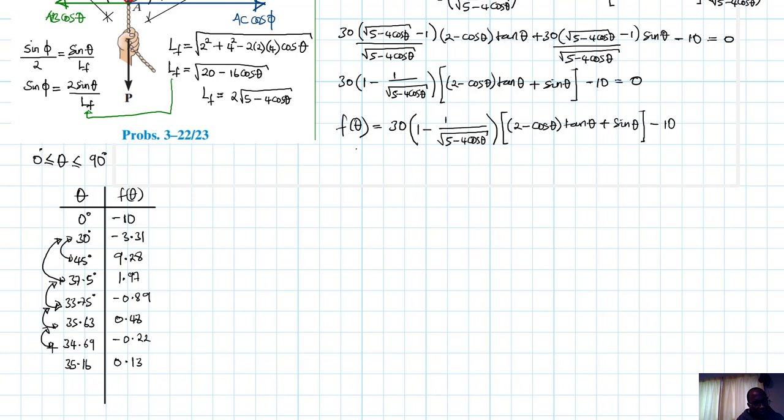So again, let's get another average there. The error seems to delay in converging. 35.16 plus 34.69 divided by 2. Let's say we have 34.93.